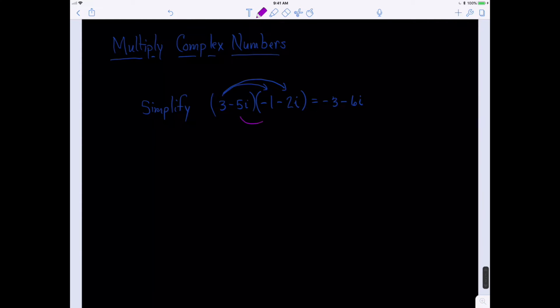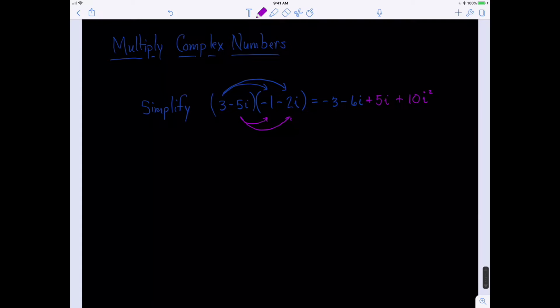So negative 5i times negative 1, that's going to be a plus 5i. And then negative 5i times negative 2i, well, that's going to be plus 10. But notice we have an i times an i, so that's going to be an i squared.